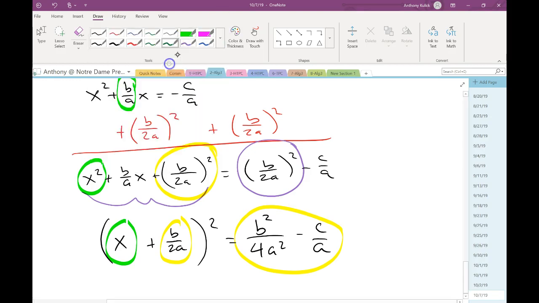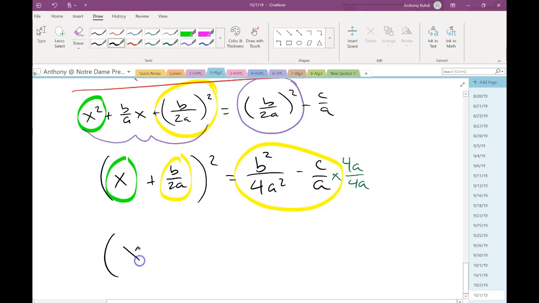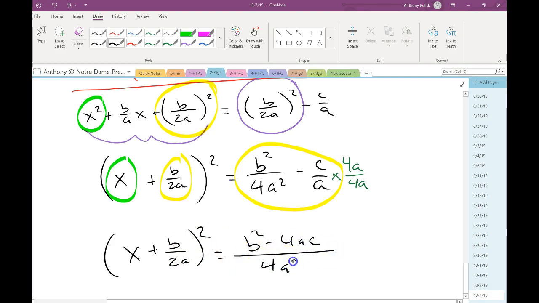So to make that common denominator, I just need to multiply this one by 4a over 4a. Everybody okay with that?